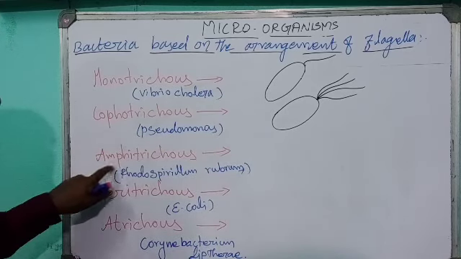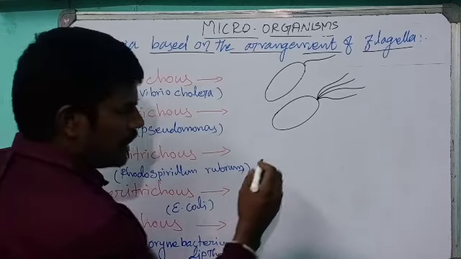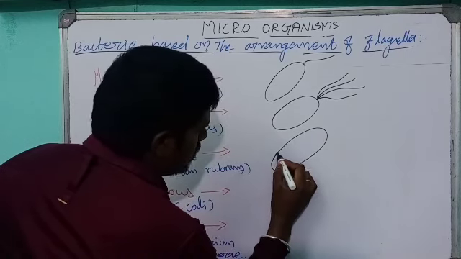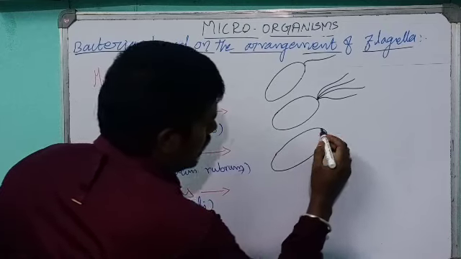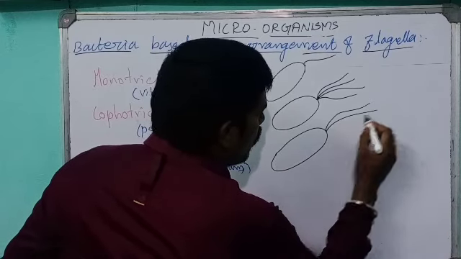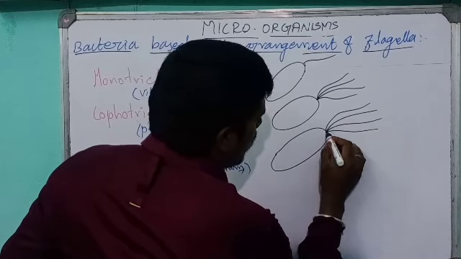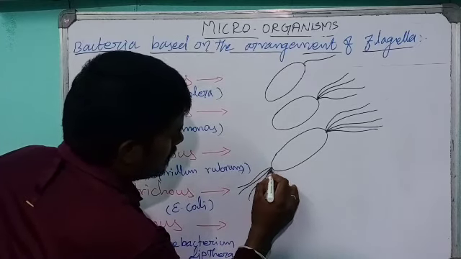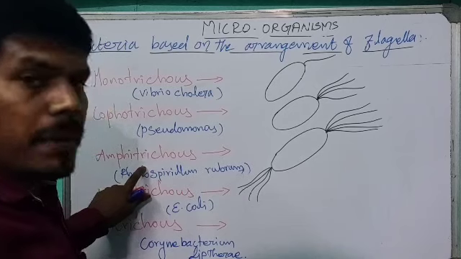And then Amphitrichous. Amphitrichous means the same bacterial cell, but with a group or bunch of flagella present at both ends. This is called Amphitrichous.